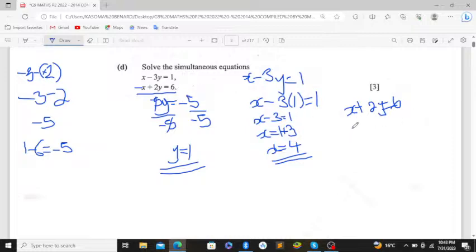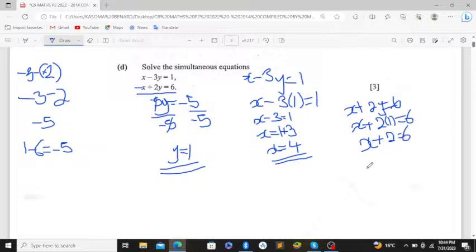So we're going to say x plus 2. Then what is the value of y? We found the value of y to be 1, so we're going to multiply 2 multiplied by 1 is equal to 6. Then we evaluate here, 2 multiplied by 1 will give us 2, so we have x plus 2, which will be equal to 6.